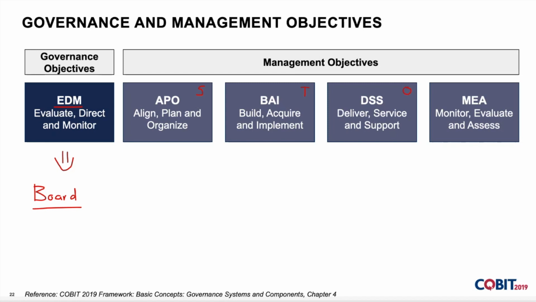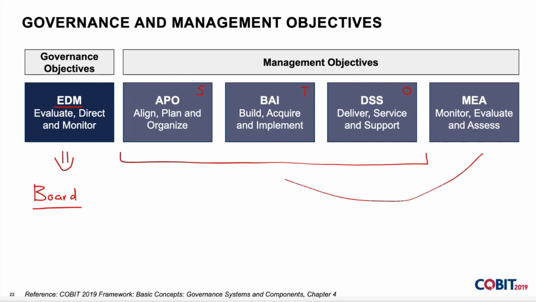And then monitor, evaluate, and assess basically goes across all of the other 3 domains and puts monitoring and evaluation in place for the strategic, tactical, and operational domains. So that is what monitor, evaluate, and assess will do.